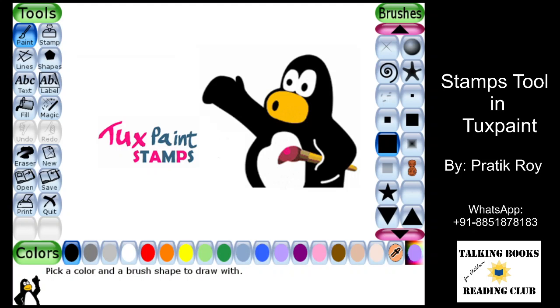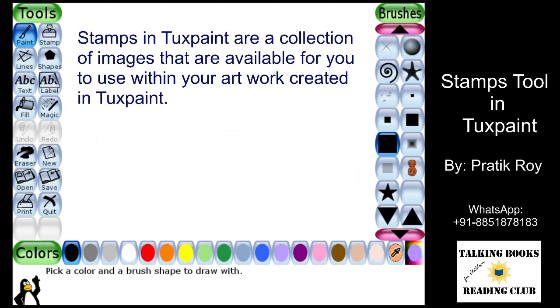attractive, and you can do a lot of things with the existing images which are available within the stamps collection. It's basically just a set of images, which are categorized in various groups, and with the stamps you can actually resize them, you can mirror them, you can flip them.